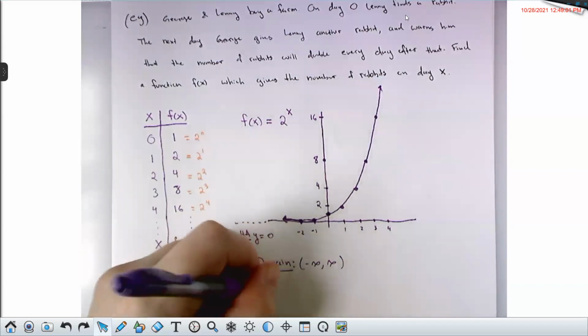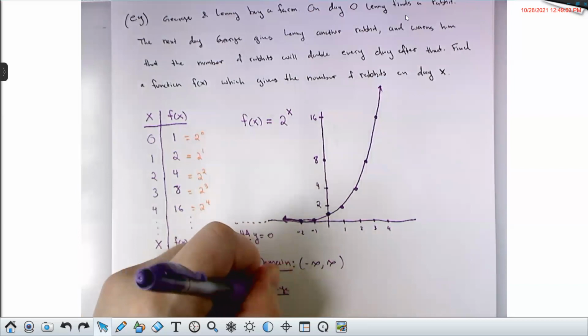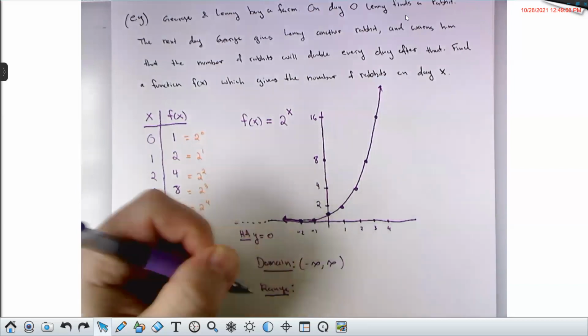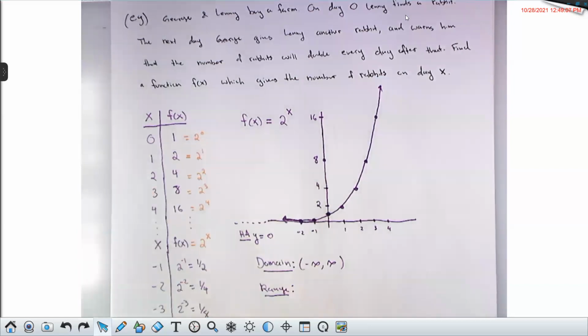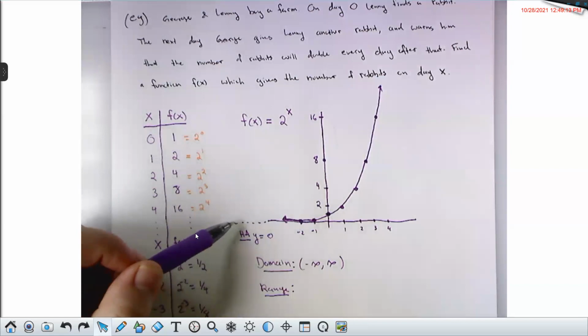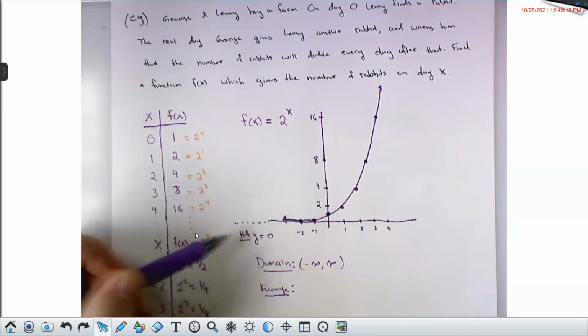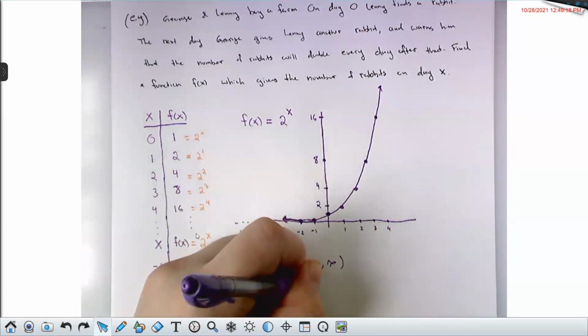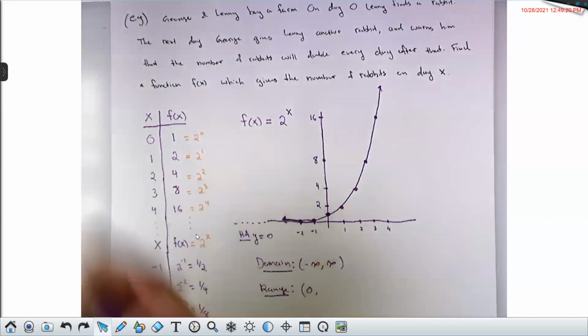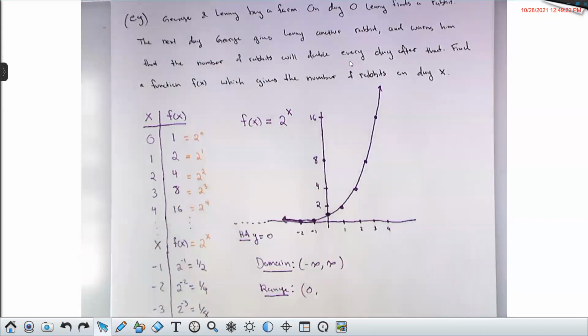And what about my range? 0 to infinity? Very good. So as we go further and further to the left over here, we get closer and closer and closer to 0, but we never hit it. So the lower end of my range is a parenthesis 0. And as we go further and further to the right over here, this graph is exploding.